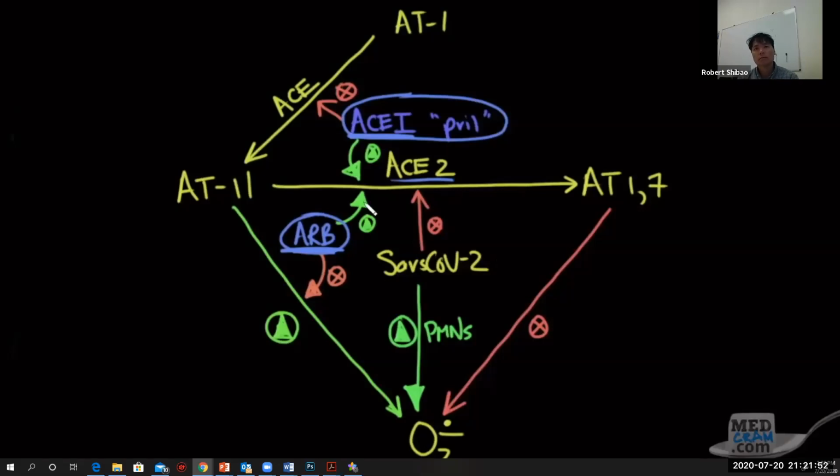Because ACE2 converts angiotensin 2 into angiotensin 1,7. When you lose ACE2, you accumulate angiotensin 2, and that causes a stimulation of superoxide. When you lose angiotensin 1,7, you lose the inhibition of the creation of superoxide. Also, SARS-CoV-2 directly will increase superoxide because it recruits PMNs, and those are a certain type of white blood cell.